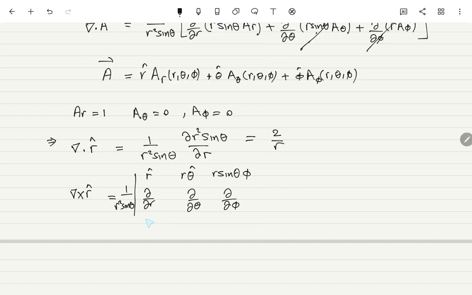Now, A r is equal to 1, A theta is 0, A phi is 0. When you do this determinant, curl of r hat will be equal to 0.